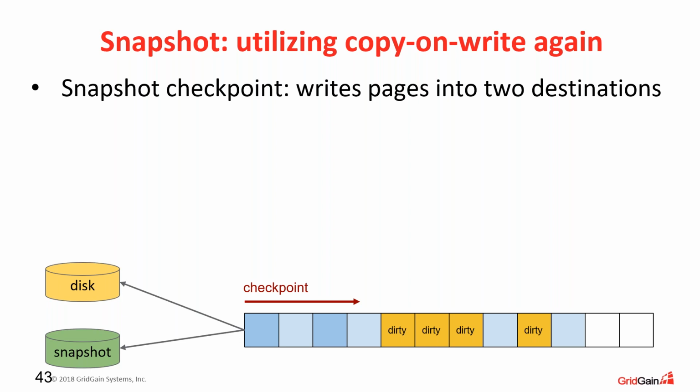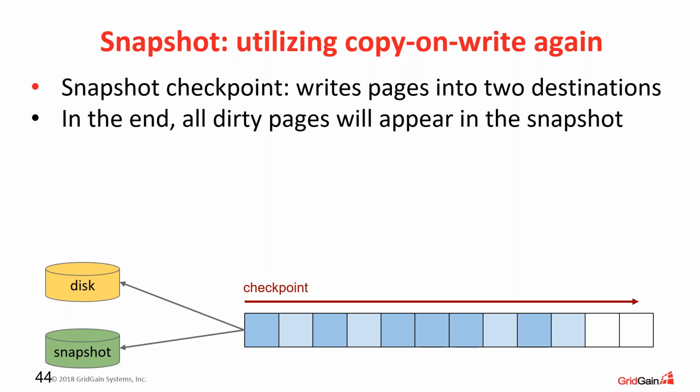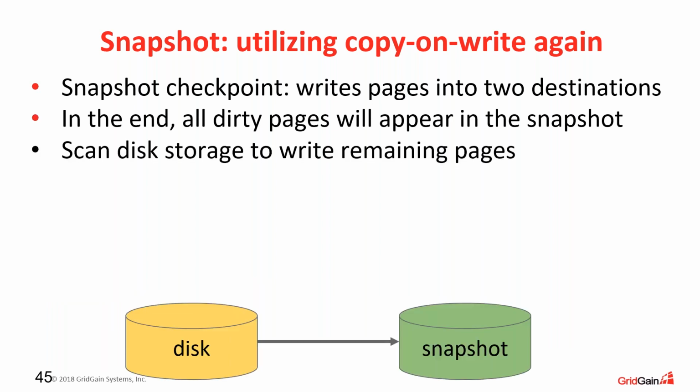During the first part, we perform a usual checkpoint, but we write pages into two destinations. We write pages to the disk storage, like we do during a regular checkpoint, and we also write pages to the snapshot storage. And in the end, all pages will appear both in disk storage and also in snapshot storage.